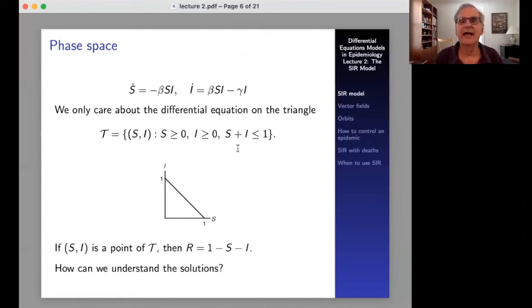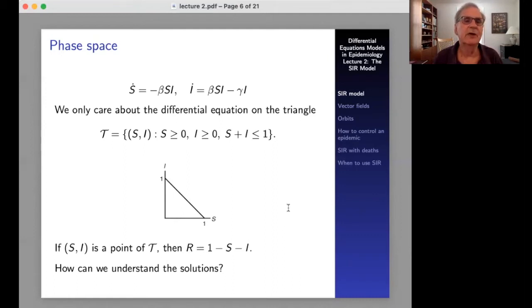If S plus I added up to more than 1, then R would be negative, and that's not allowed. So here's the line, S plus I equals 1. We want to be down below this line, so we want our points SI to be in this triangle, which we call T. T is what's called phase space. It's the portion of the plane that's important for our problem.